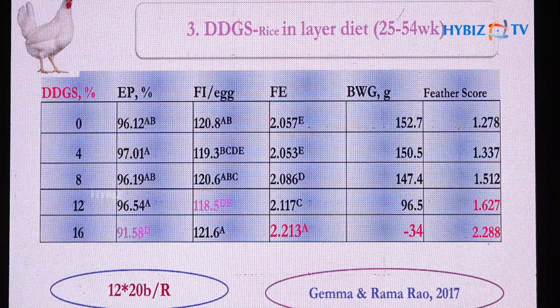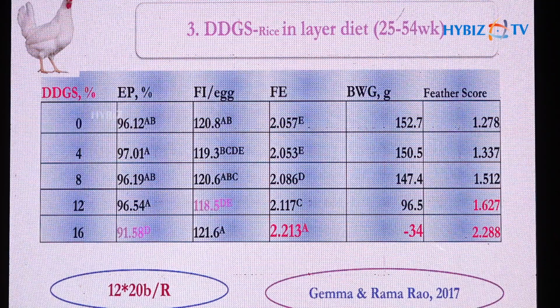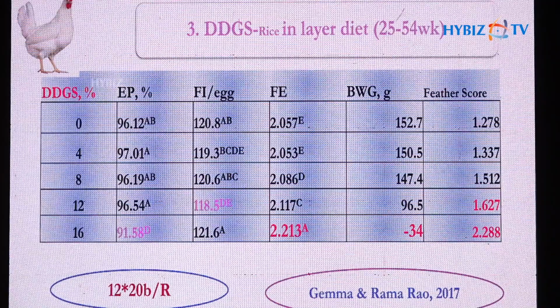There was no maize. So wheat is deficient in biotin. Similarly, the digestibility of lysine particularly is very low in DDGS compared to the soybean. So the deficiency of probably lysine as well as the deficiency of biotin together resulted in the feather loss.